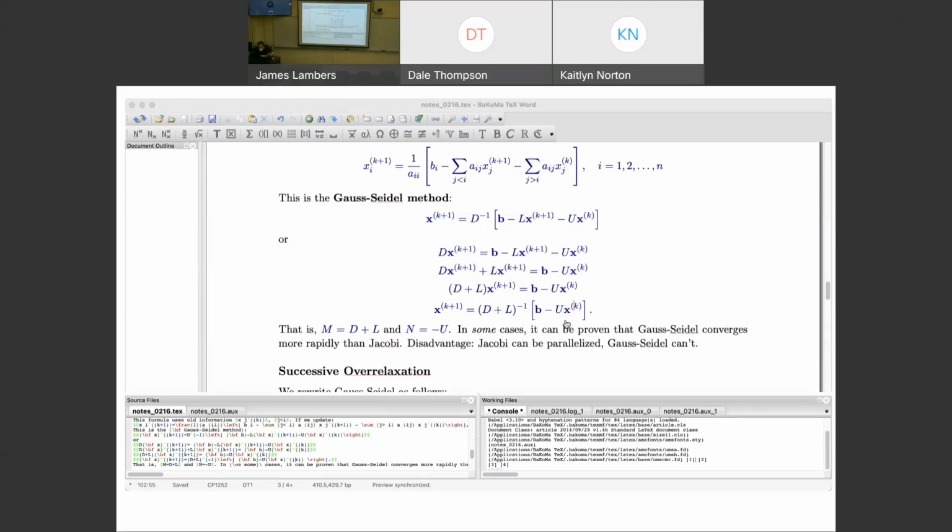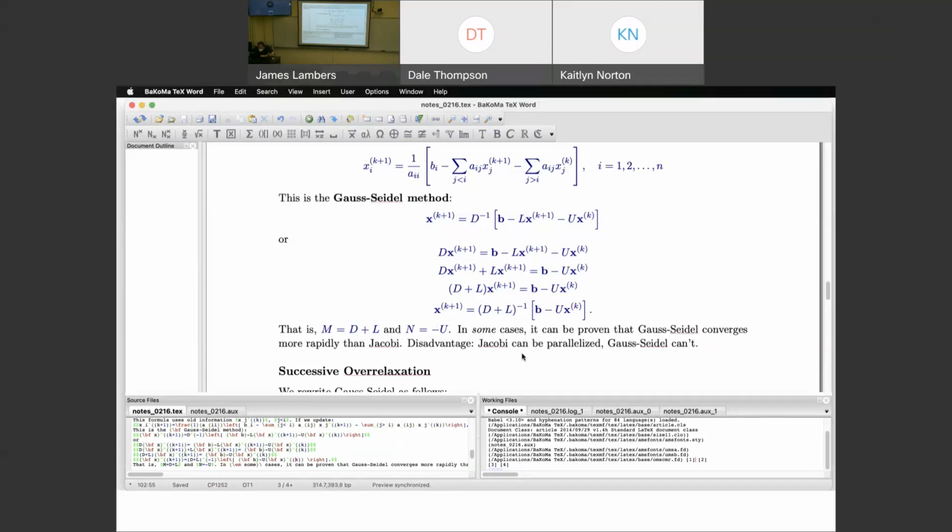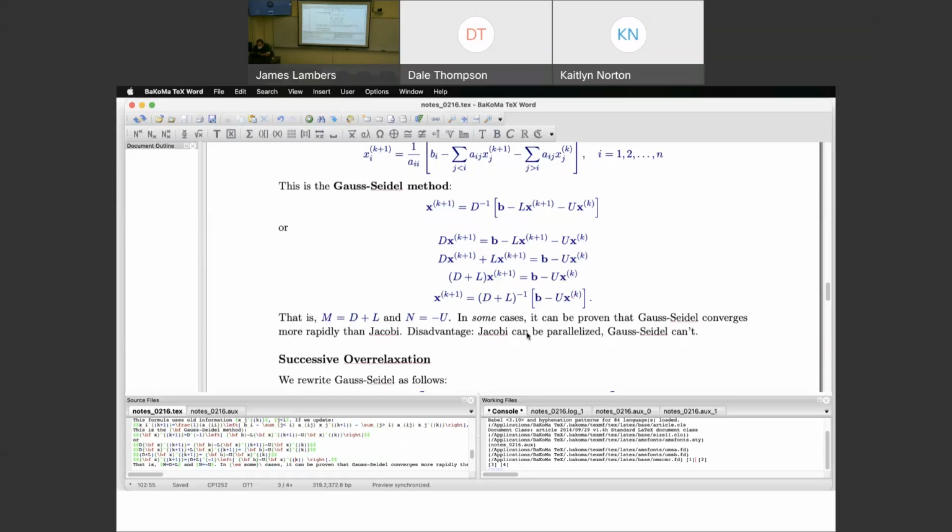Actually, I should check which homework problems I've assigned for this. 1 through 4, 6, 8, 9. Okay. I do have one more iterative method to talk about, so I'll deal with that first, and then I'll share some other information.